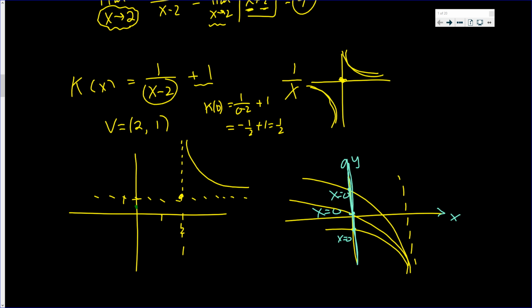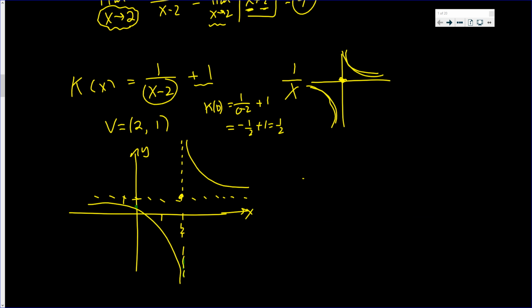So, for the other portion of the graph, I'm going to draw it this way. And that is the graph. Now, the question is, what is the limit as x gets closer and closer to 2 of k of x?